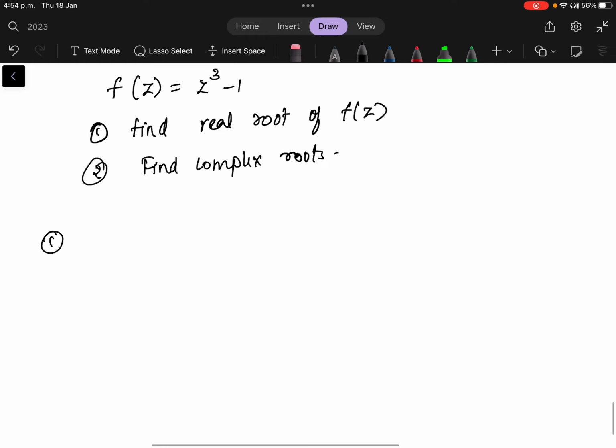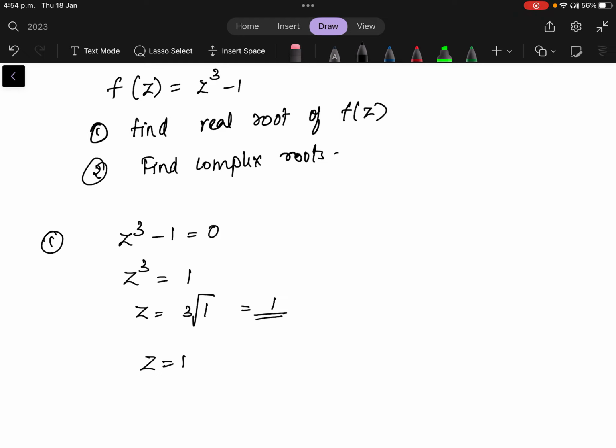So to work the first part, find the real root, z cube minus 1 is equal to 0, or z cube is equal to 1, and z equals the cube root of 1, which is equal to 1. So z equal to 1 is a real root of this one.